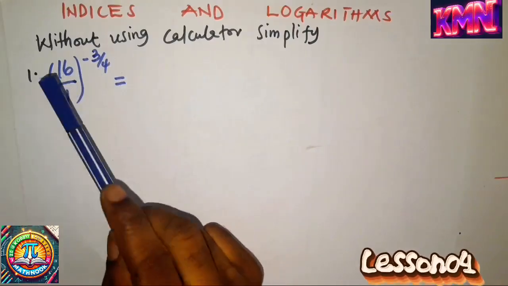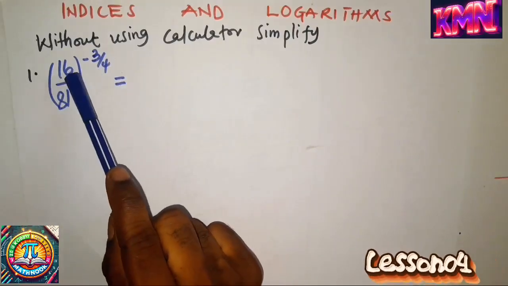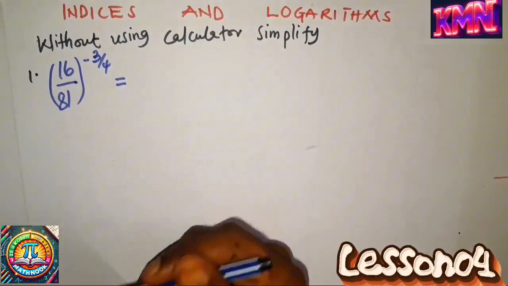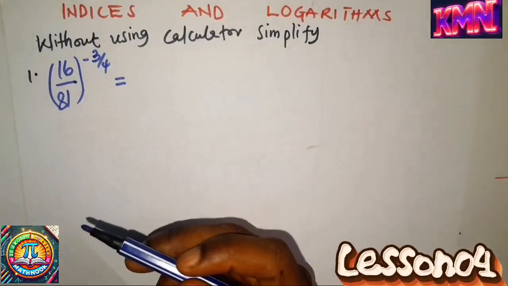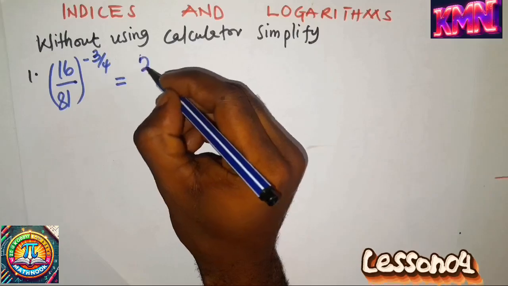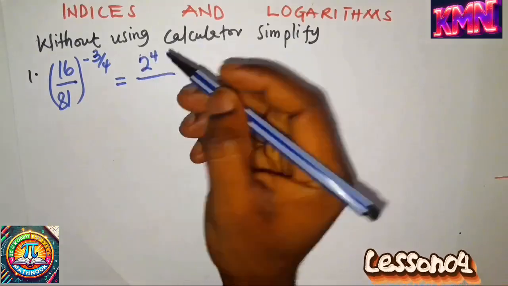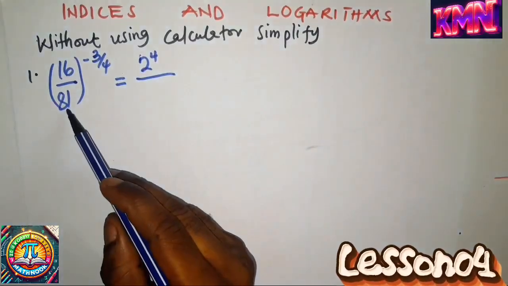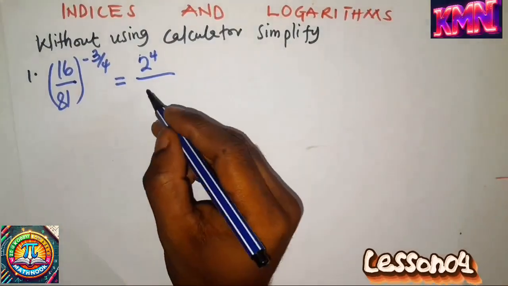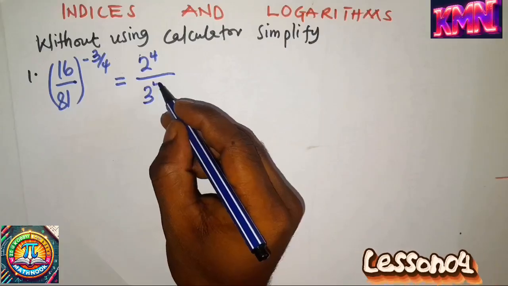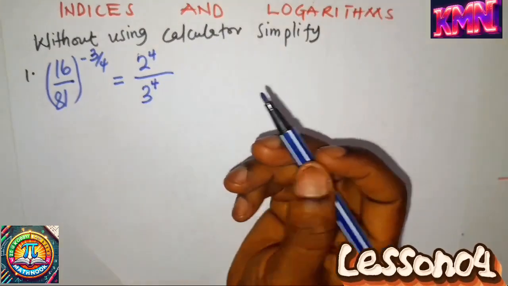So which number exponent 4 will give us 16, and you know that 2 exponent 4 is 16. That's 2 times 2 times 2 times 2. And then which number to the exponent 4 will give us 81, and that's also 3. 3 multiplying itself 4 times will give us 81.